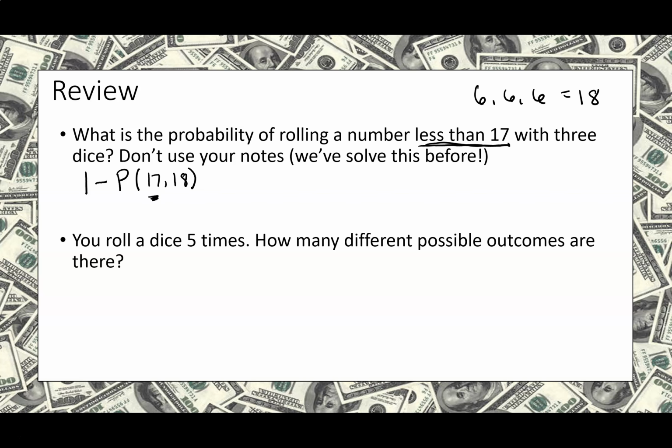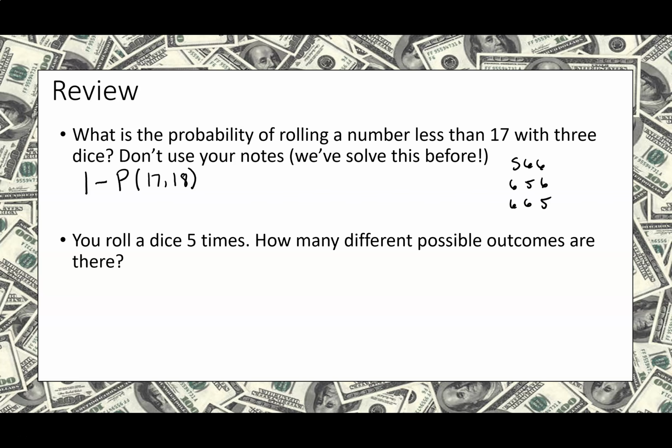Because 17 is not less than 17 and 18 is not less than 17. So we have to find the probability when we roll 3 dice that we get a 17 and an 18. And how could we get a 17? Well, we could roll a 5, 6, 6, a 6, 5, 6, and a 6, 6, 5. And that's it. Those are only 3 options.